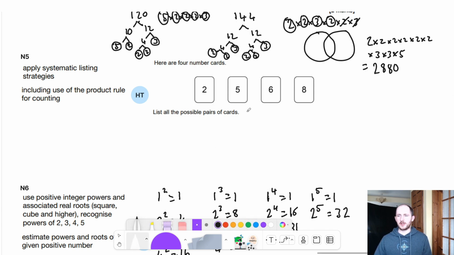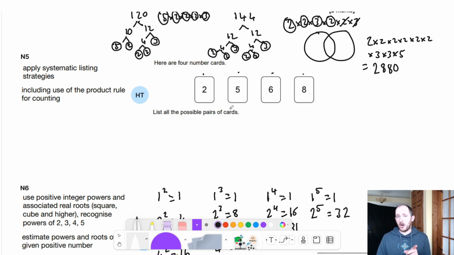So, I'm actually going to combine it into one question. In this question, it says list all the possible pairs of cards. We're also going to work out how many pairs we should have. So, logically, 2 can match with 5, 6, and 8. 5 can match with 2, 6, and 8. 6 can match with 2, 5, and 8, and so on.